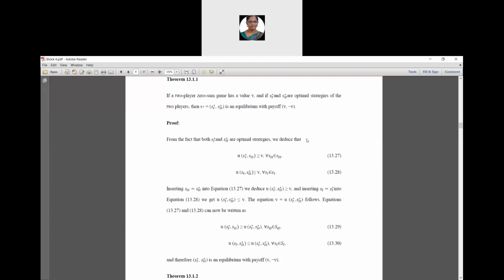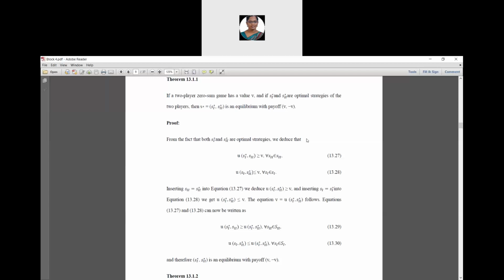So see here, both S1 star and S2 star are optimal strategies. We have to deduce that U of S1 star comma S2 is greater than or equal to V, where S1 belongs to S1, S2 belongs to S2.